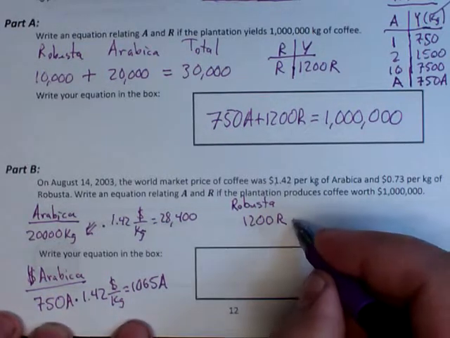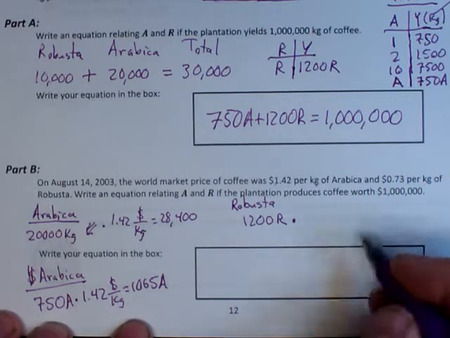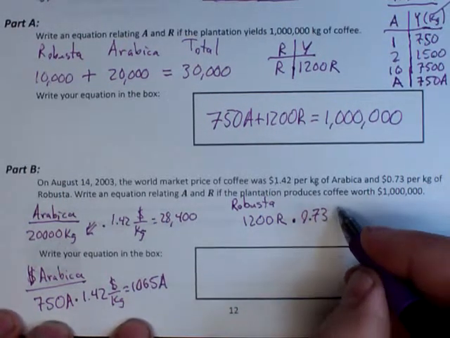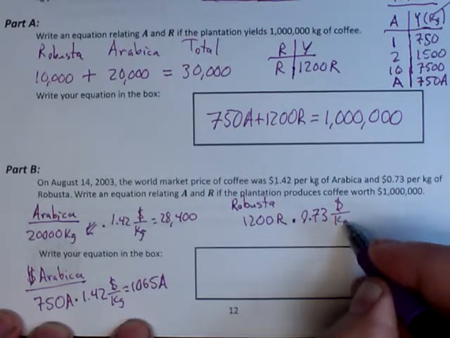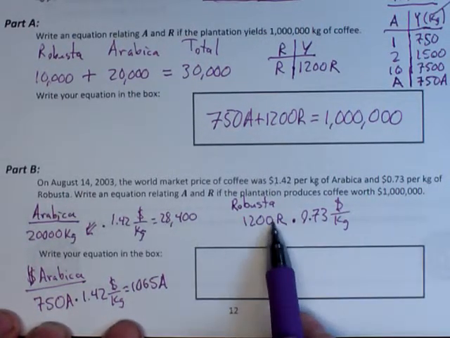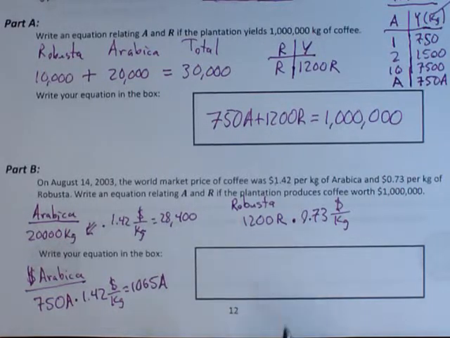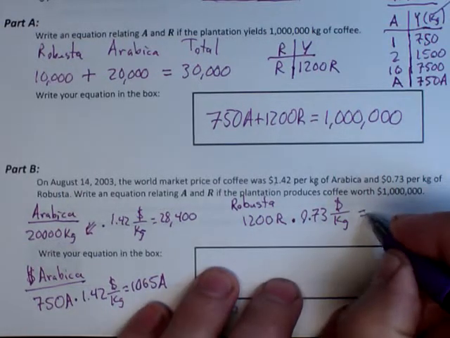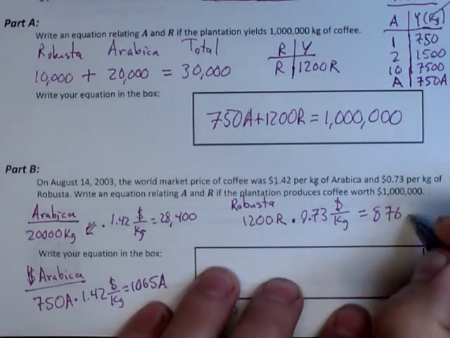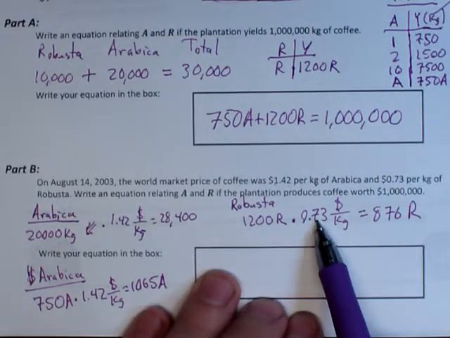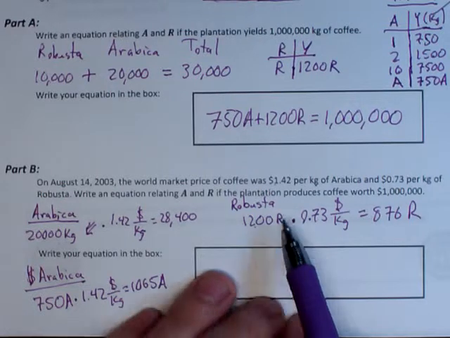And I'm going to multiply this by 0.73 dollars per kilogram to get the amount of money I would get for 1,200R kilograms of coffee. So 1,200 times 0.73 is equal to 876R. So all I did was I multiplied this by this, and I kept the R.